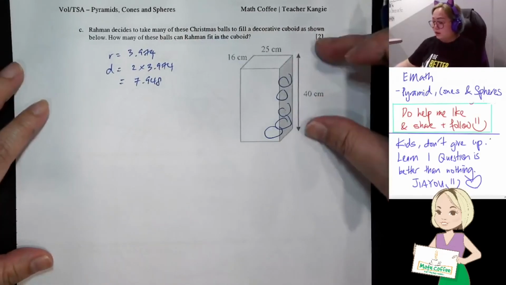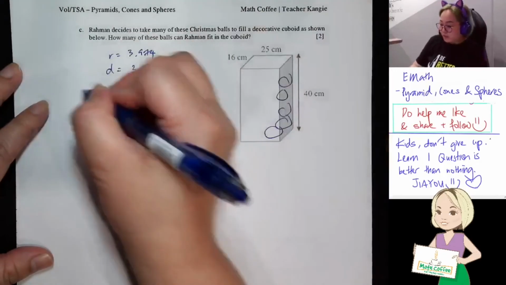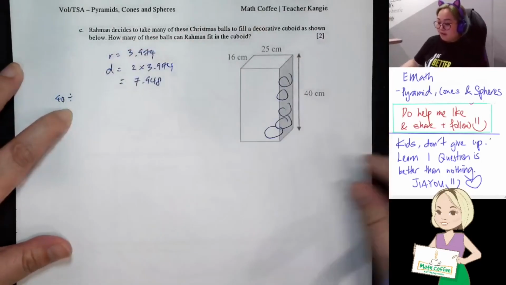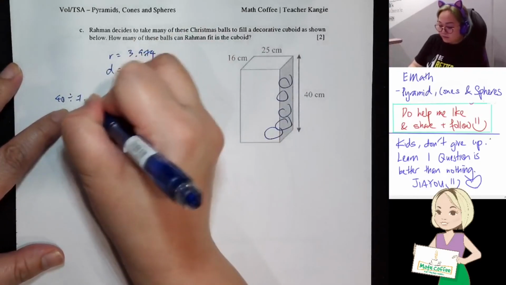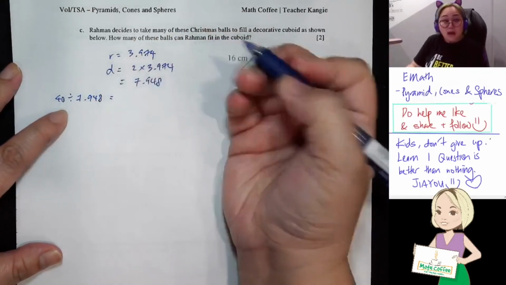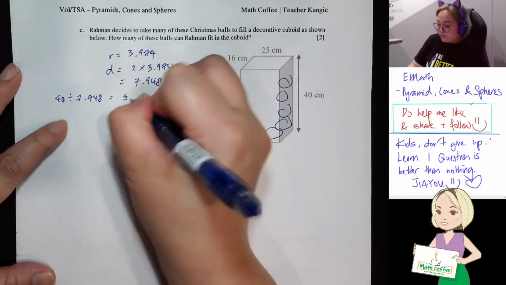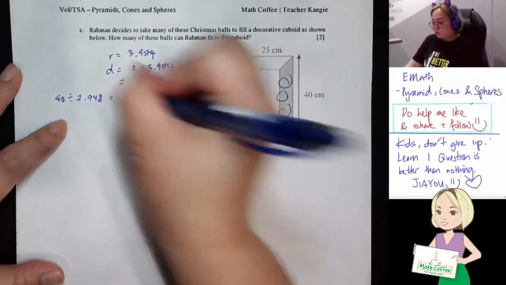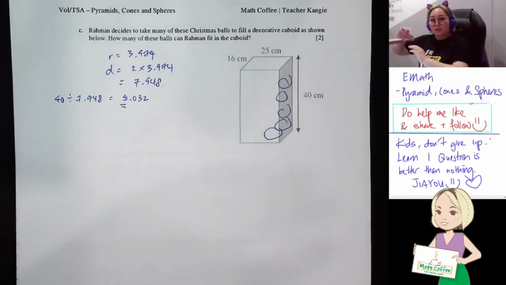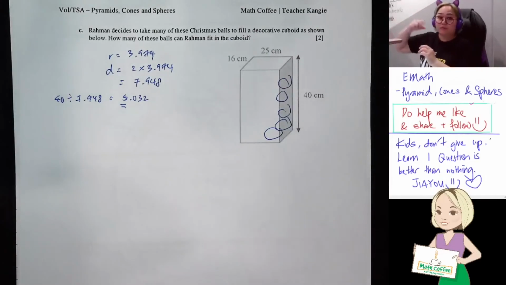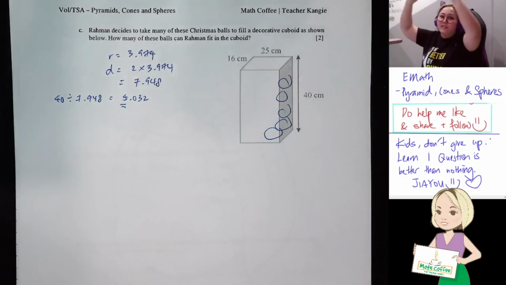So let's talk about the height. Height is 40. So I'm going to take 40 divided by the diameter of the balls, which is 7.948. I will get 5.032. So I'm interested in the 5. It means that for the height, I can put 5 balls, 5 stacks. Then the balance 0.032 means I will have a wastage at the top.